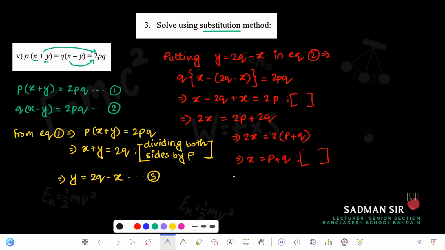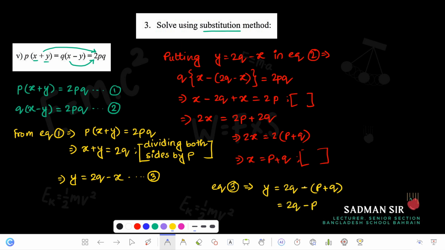Okay, then we got the value of x, but we need the value of y. So we will get that from equation number 3. So equation number 3, y equal to 2q minus, okay, as there is minus, when we are putting the value of x, we have to use the bracket, if you remember. Or else the answer will be wrong.